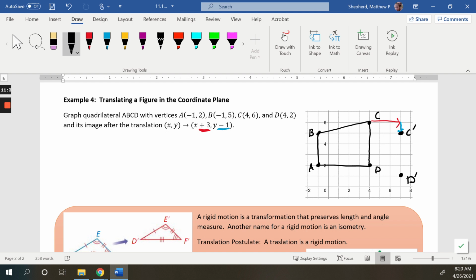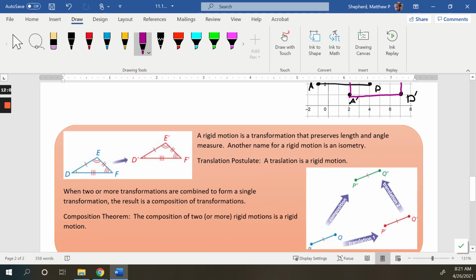B, forward 3, down 1. There's the B prime. A, forward 3, down 1. And A prime. All right, and there's our translation based off of the rule, always going forward 3, down 1.